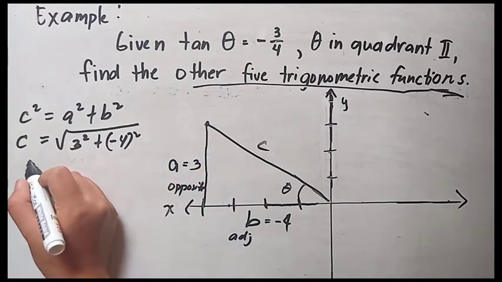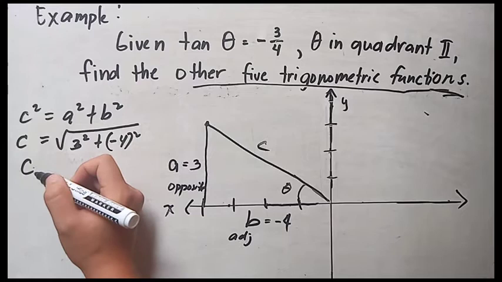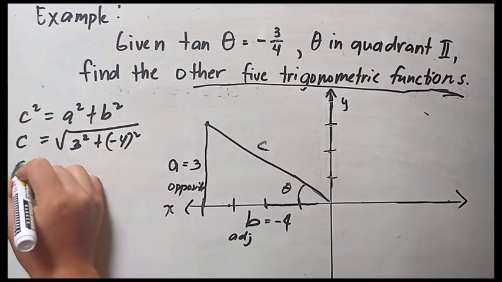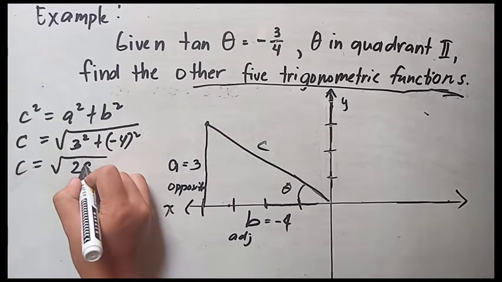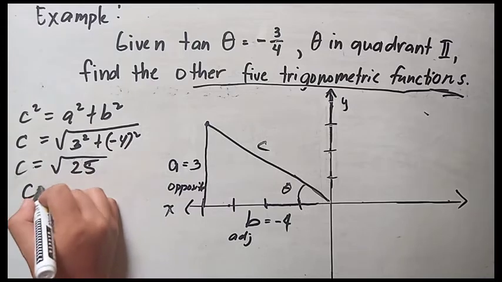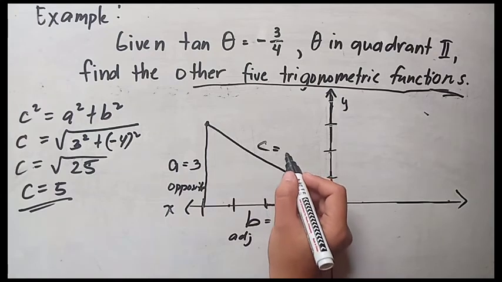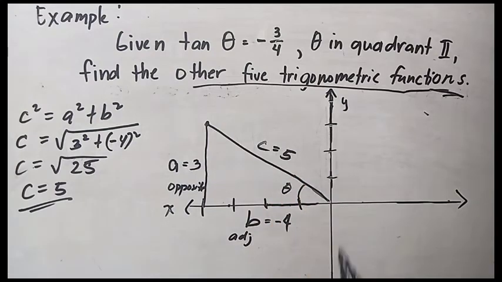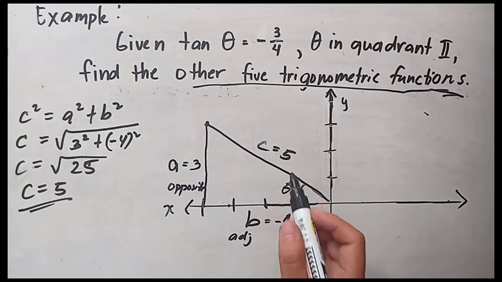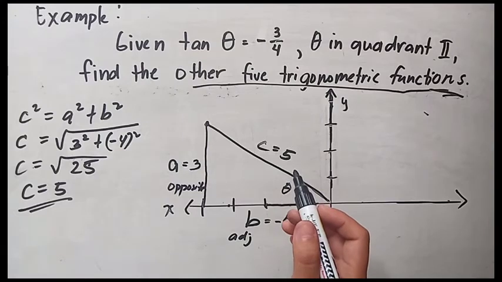And our C is the square root of 25, which is 5. So our C is equal to 5 units. So it can be meters or centimeters or inches.